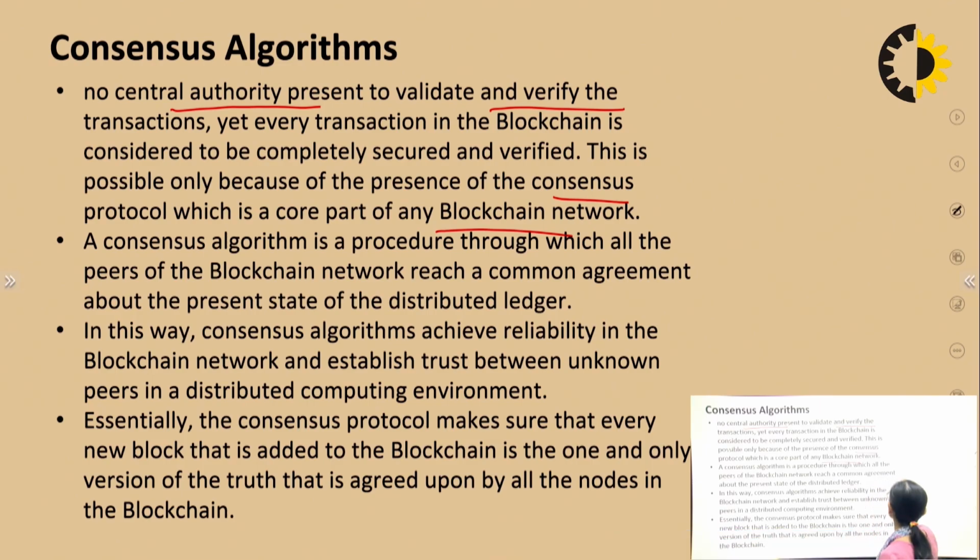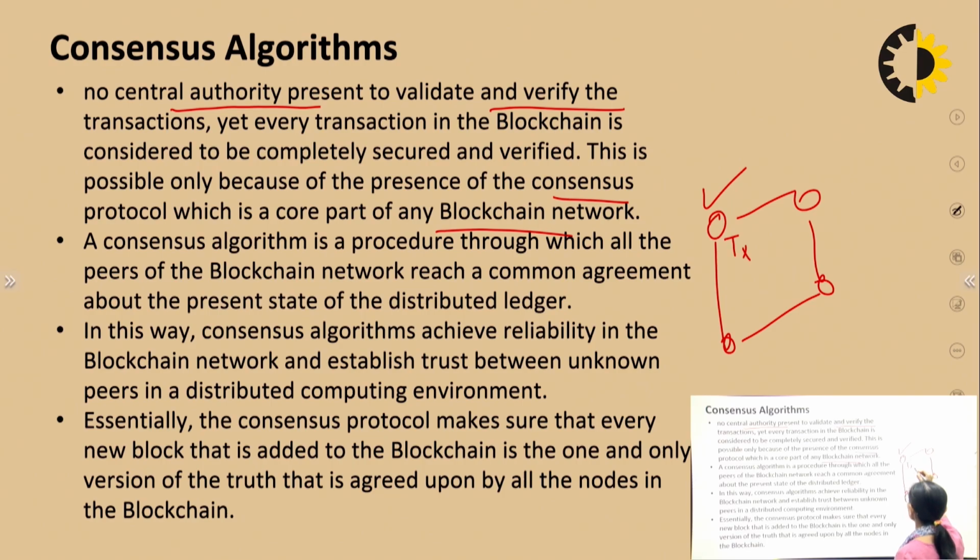For example, this is a blockchain network. We have 4 nodes, and these nodes don't trust each other. Now when this particular node initiates some transaction and this transaction needs to be added in the blockchain, how will these peer nodes verify and validate this transaction and add it to the DLT, because they are operating in a trustless environment?